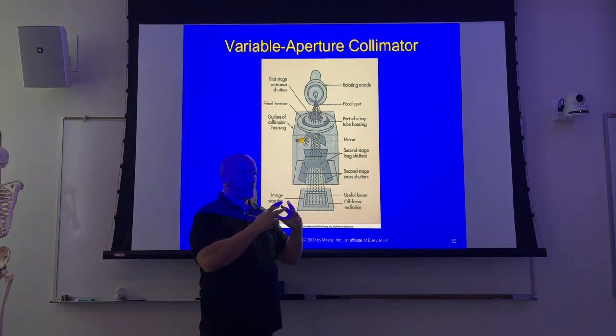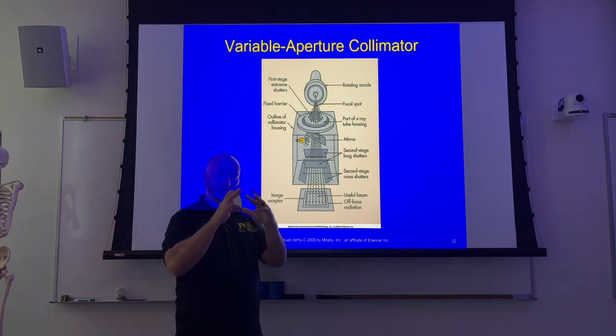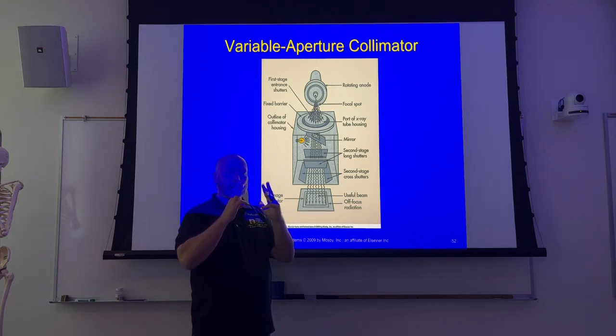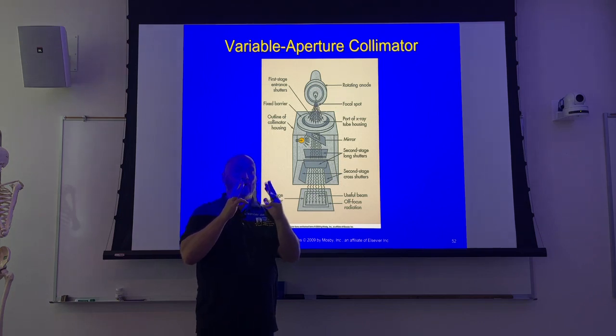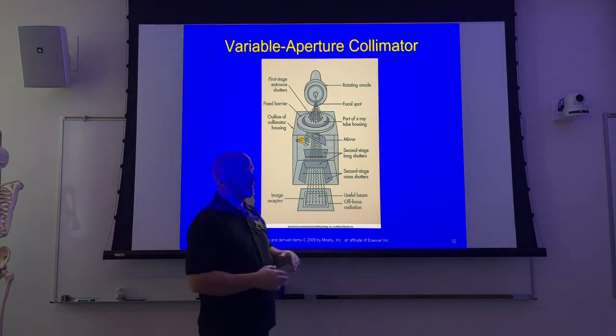Instead of a single broad cone, it's individual little leaves that, as we decrease collimation, separate and spread and come up like that to make a bigger hole. And whenever we increase collimation, then we decrease our field size, and they come together and squeeze together and form a much tighter cone.